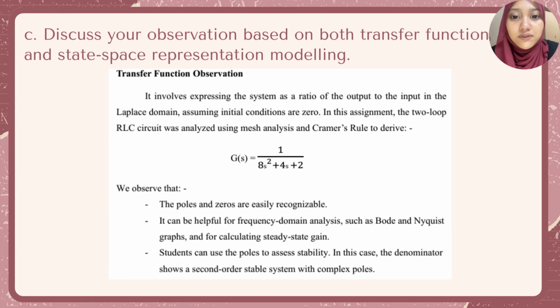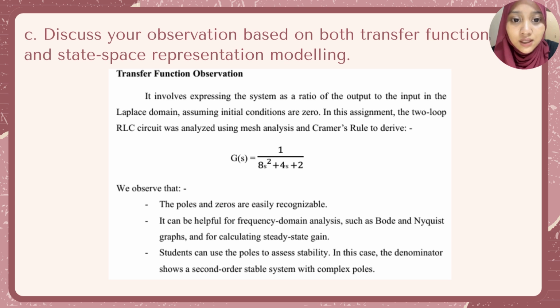Next is observation based on both transfer function and state space representation modeling. Transfer function observation: it involves expressing the system as a ratio of the output to the input in the Laplace domain, assuming initial conditions are zero.